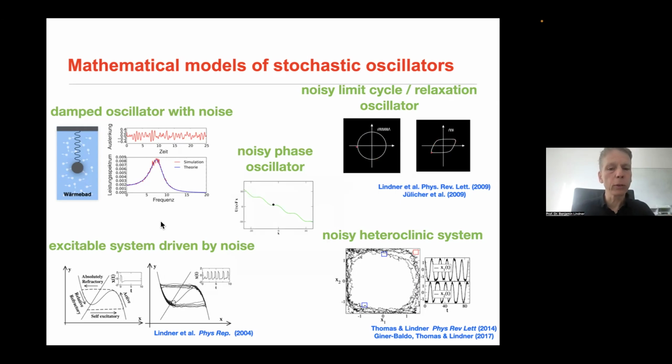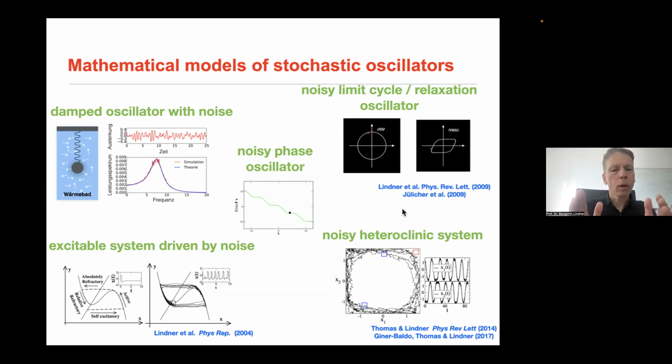So they would not oscillate at all if you would not have noise in the system. And among these systems are the excitable systems, models for neurons like the Hodgkin-Huxley model or Morris-Lecar or FitzHugh-Nagumo, or also more exotic systems like this noisy heteroclinic system, about which I will also talk in the following a bit.